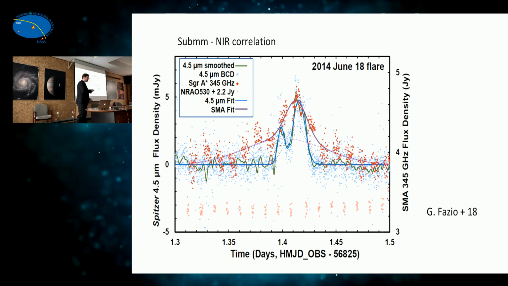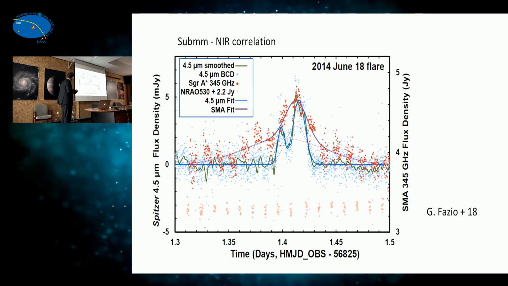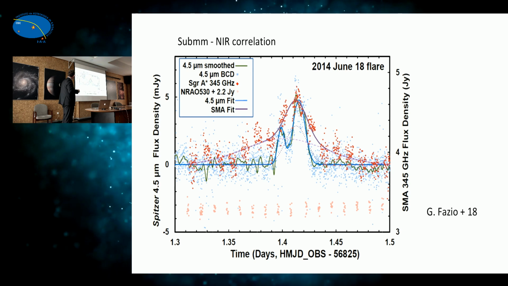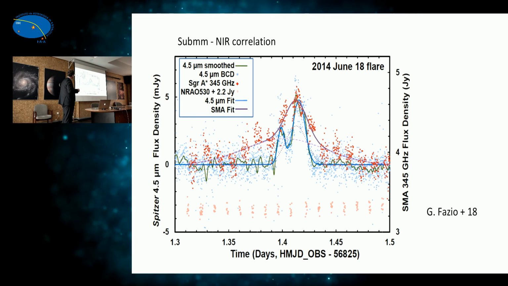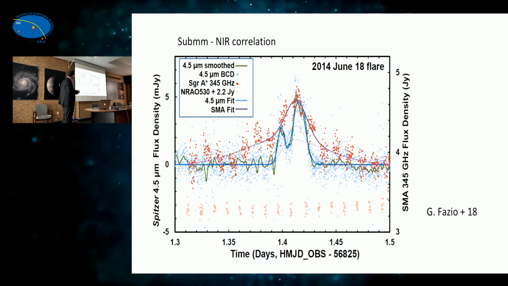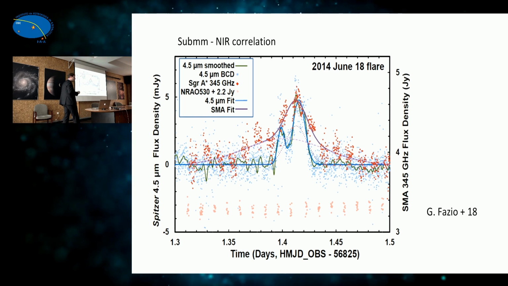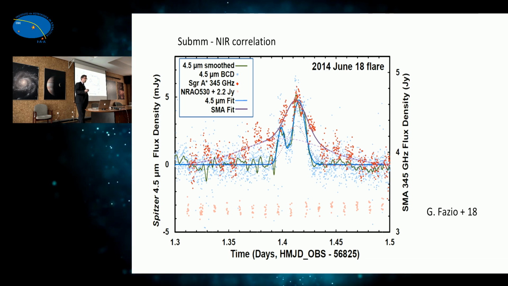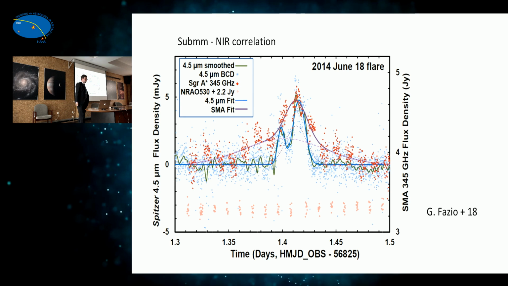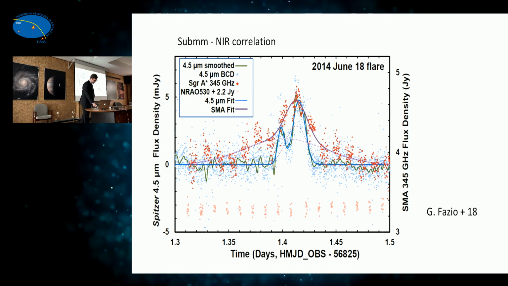However, we have here observed one case where I would argue that the infrared Spitzer light curve is followed nicely by the submillimeter light curve, and we have a quasi-synchronous effect. So there seem to be cases where the submillimeter is also optically thin and directly following the infrared.